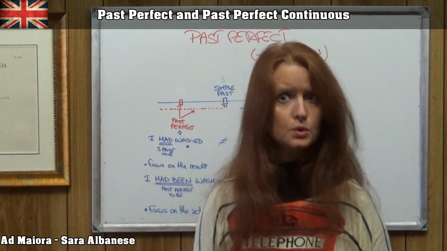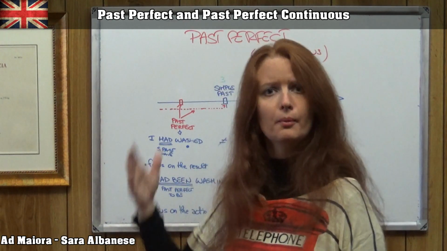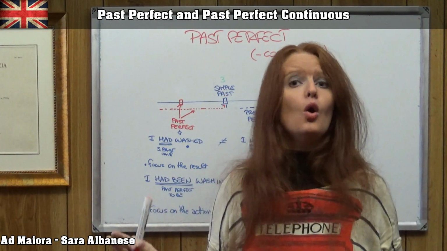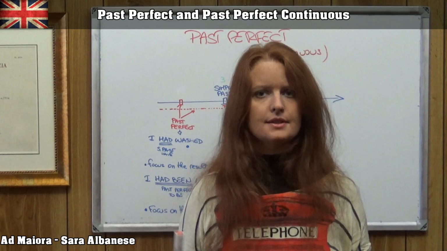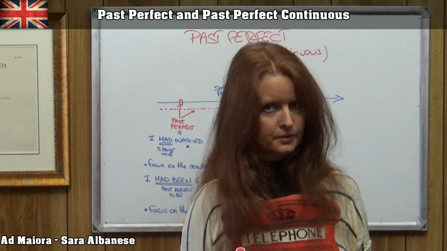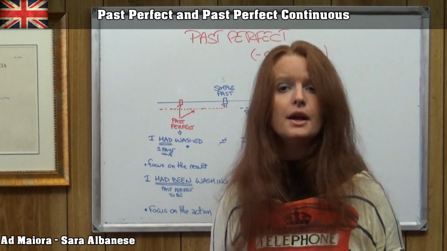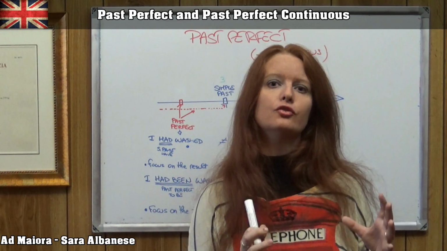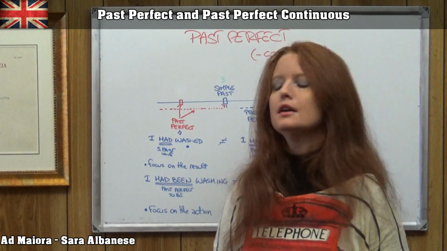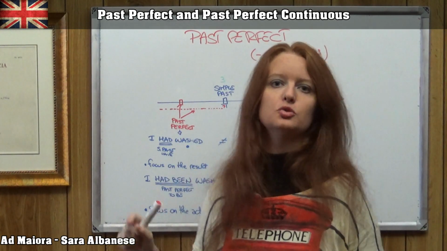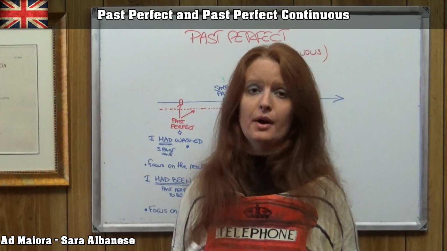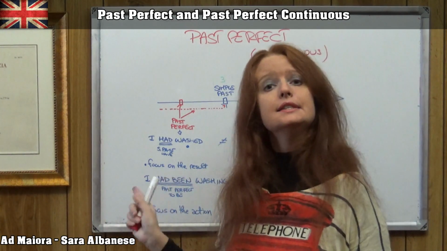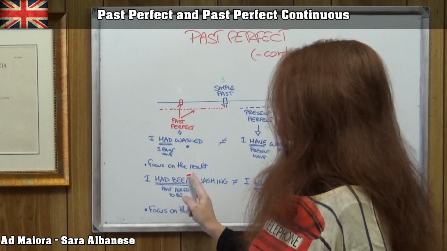Exactly the same use. How do you form past perfect continuous? So, as all tenses which have an ing form, okay, a gerund ing form, I will have to use an auxiliary verb to be, okay? So this is the first difference between past perfect simple and past perfect continuous. The verb to be is here, obviously, at past perfect.